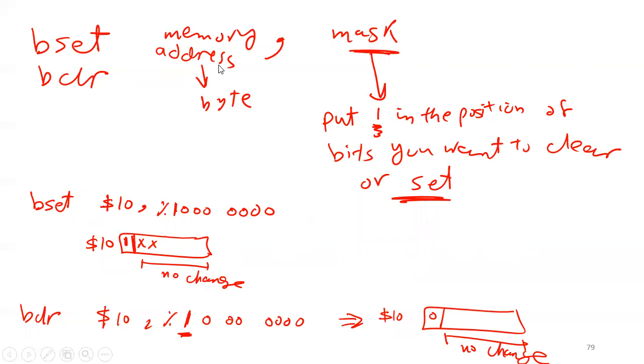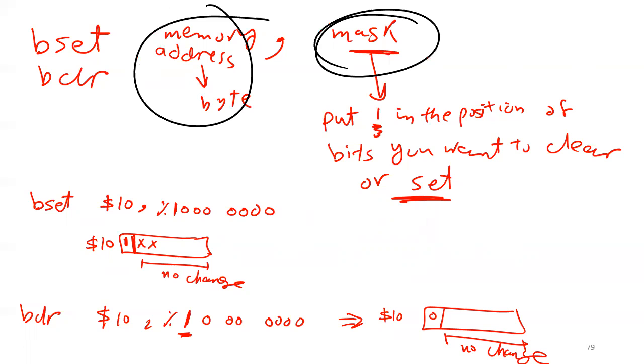You have to tell me which byte I have to set bits in. Also, you have to give me a mask, which tells me which bits in this byte you want to clear or set. This mask is similar to the mask I explained before in branch if clear or set.